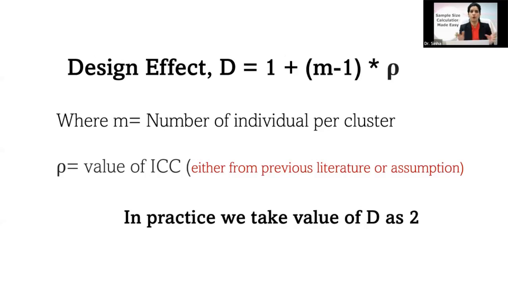If you have no information regarding the design effect or ICC, you can take the design effect as 2, because that's the safest option. For all practical purposes, you can take design effect as 2. But if you are very clear on the number of individuals per cluster, or if you have found out this ICC, then you can calculate this design effect.